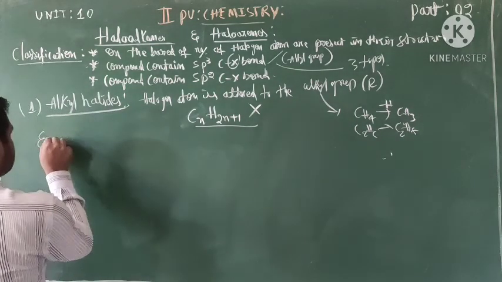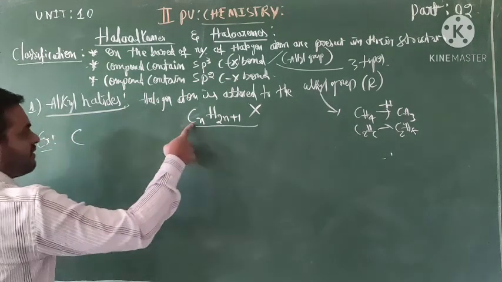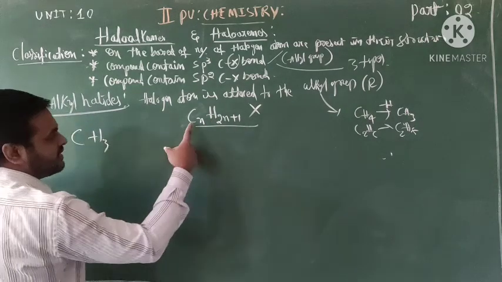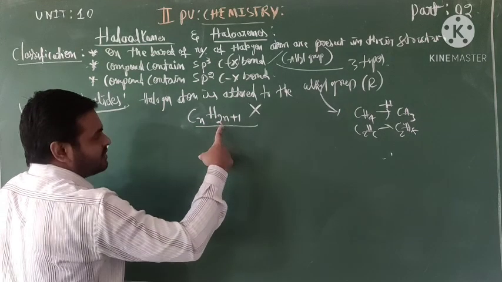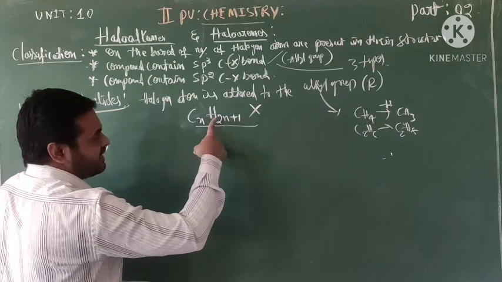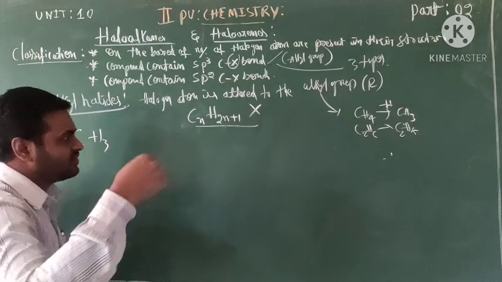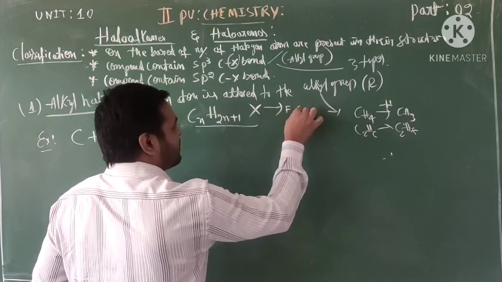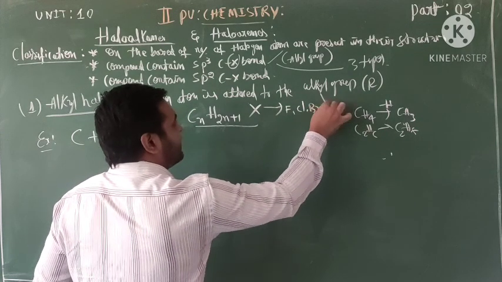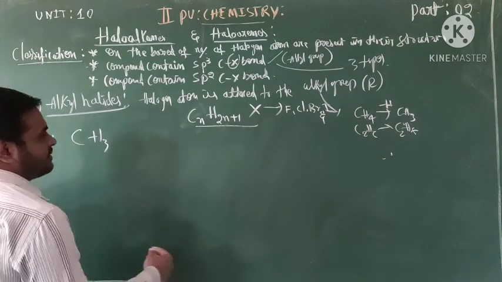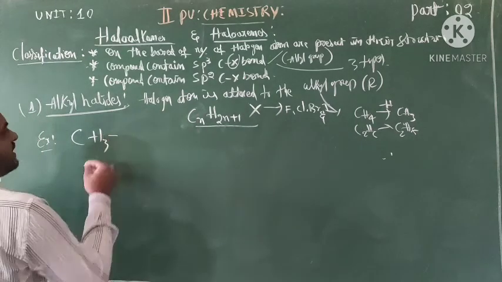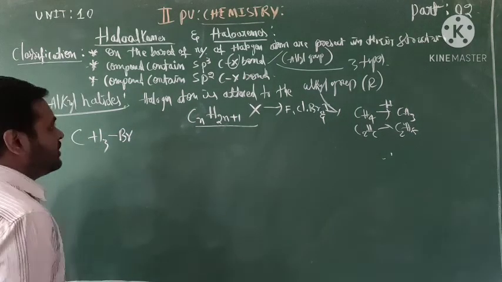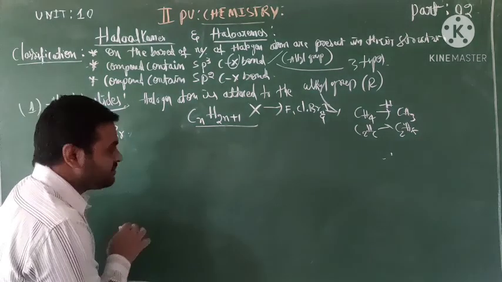See the examples. Take carbon n equal to 1: CH3, since 2 into 1 plus 1 is 3, so CH3X. X is a halogen; we can mention any one of the halogen atoms: fluorine, chlorine, bromine, iodine. If we substitute bromine, the name is methyl bromide.